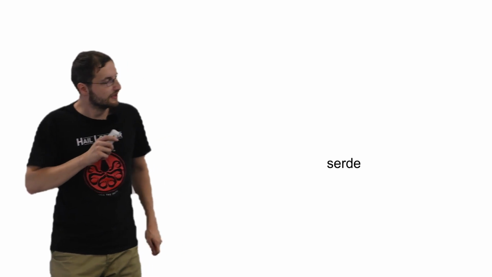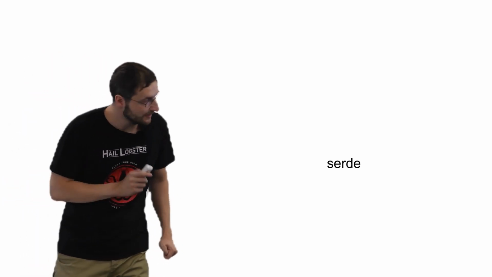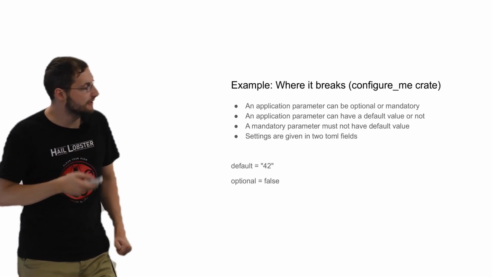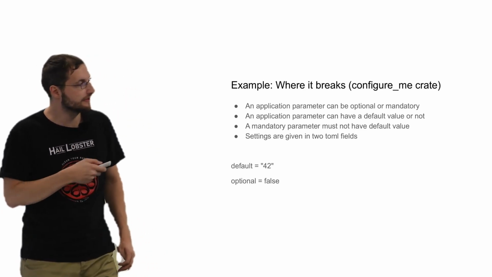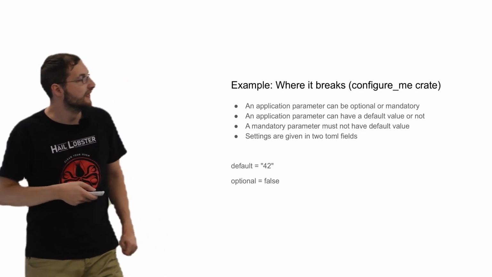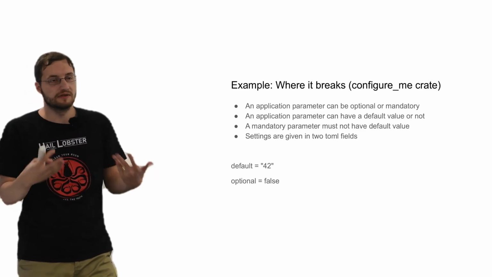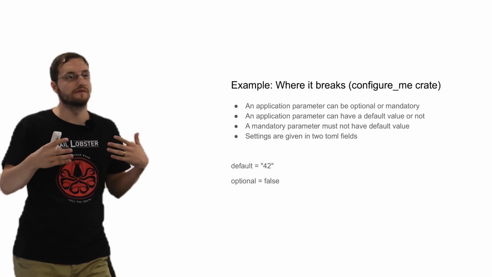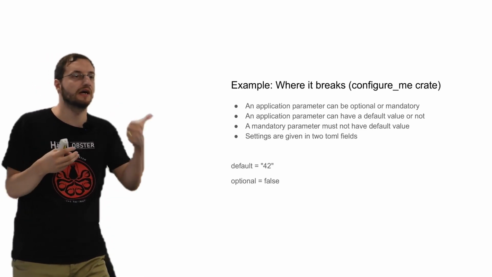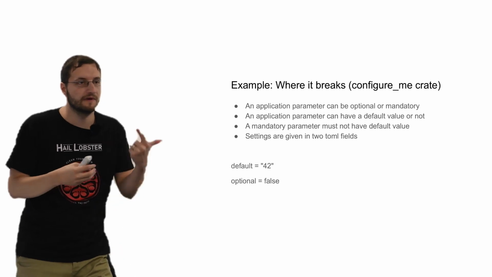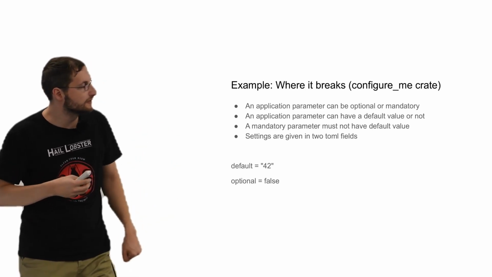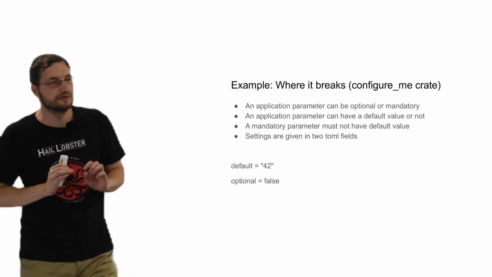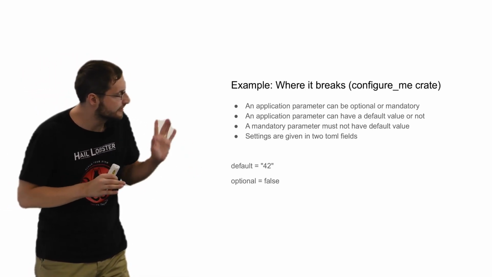And it works well many times, but it also breaks down in some cases. Here is one example. This is from my own configure_me crate. What the crate does is it generates the parsing of your program's configuration, which means arguments, files, environment variables. But let's forget about the files and stuff. Let's focus on parameters. Or rather, it doesn't really matter.